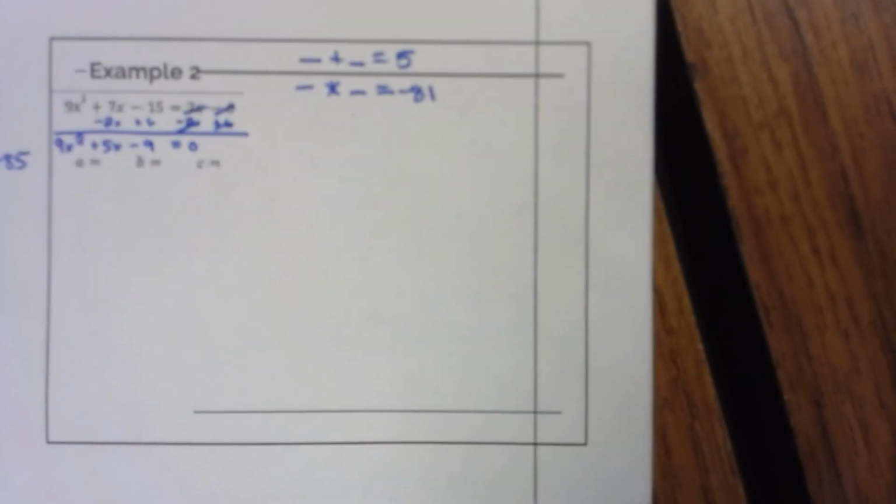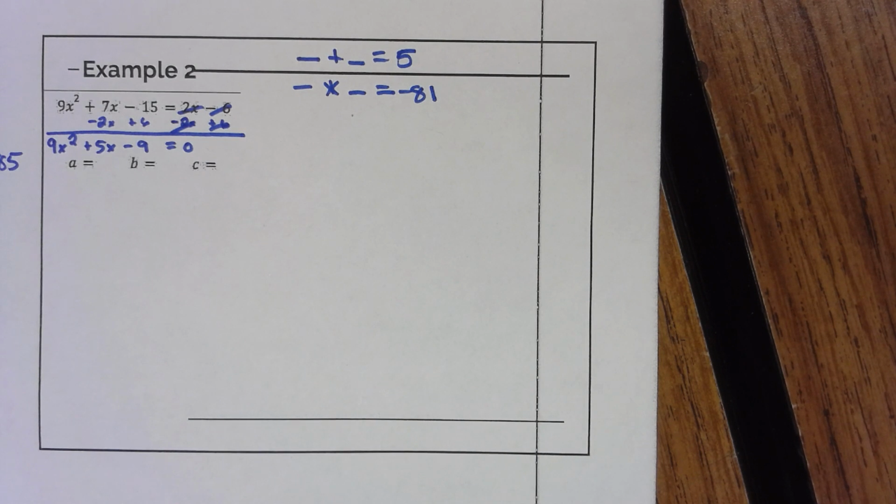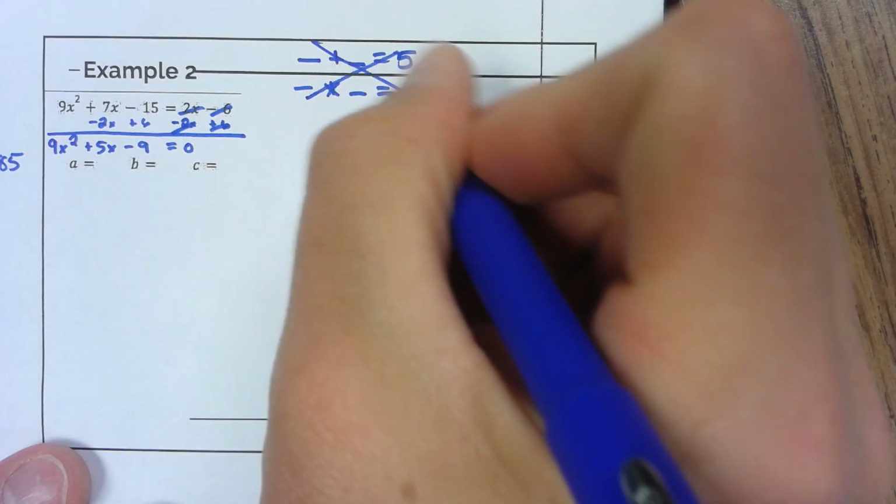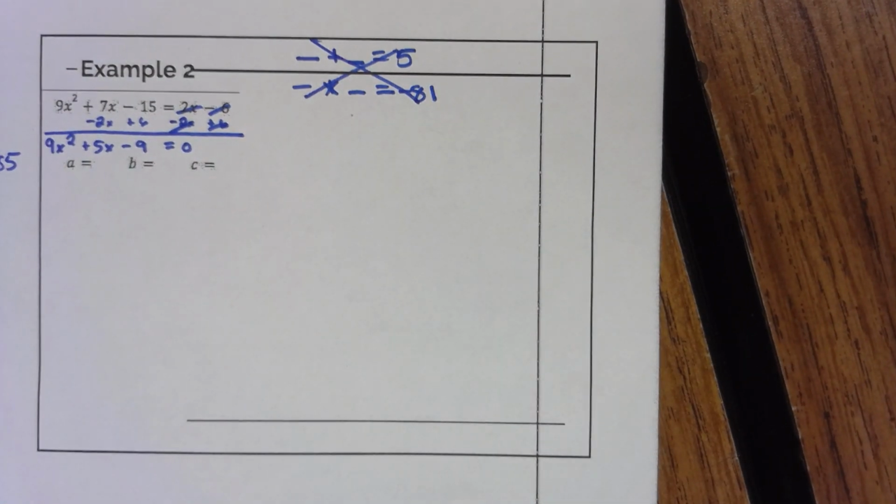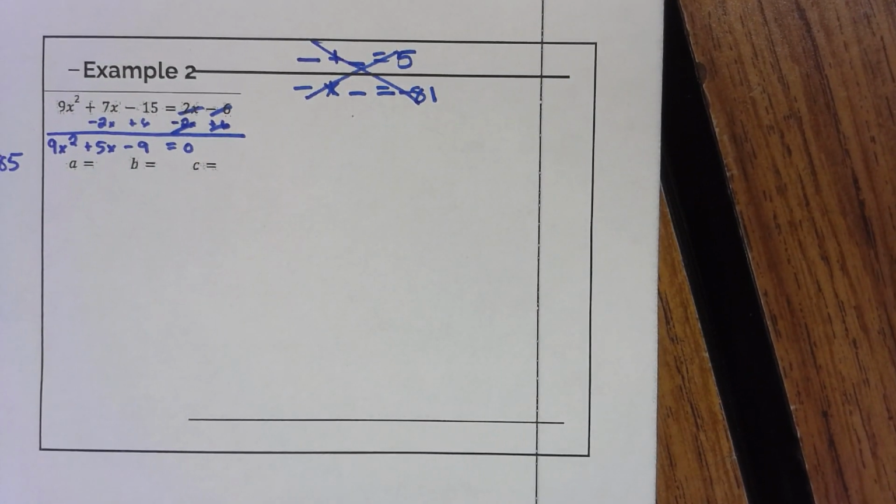Anybody think of those numbers? I don't think they exist. Right? Add to 5, multiply to negative 81. Yeah, I don't think those exist. Okay, so since those numbers really don't exist, or at least not whole numbers for that, this is where we now resort to the quadratic formula.